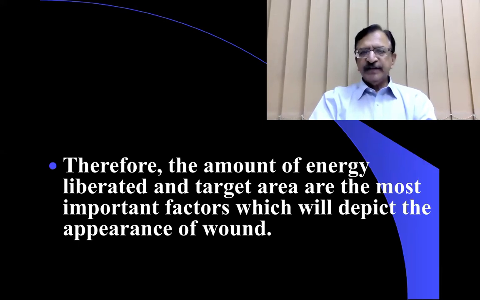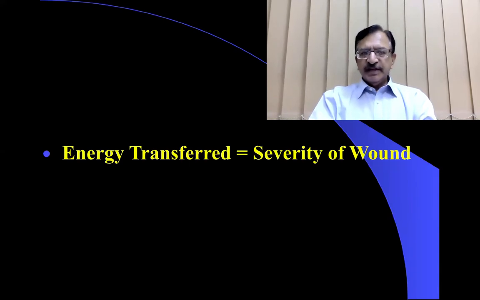Therefore, the amount of energy liberated and the target area are the most important factors which will depict the appearance of the wound. Energy transferred is directly proportional to the severity of the wound.